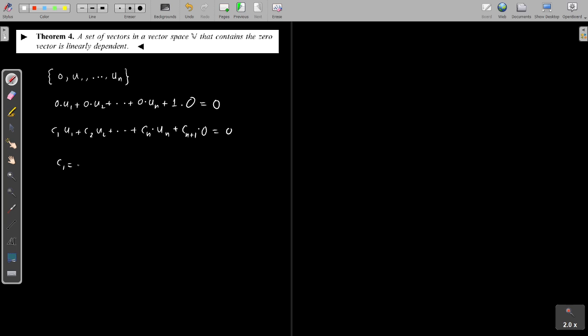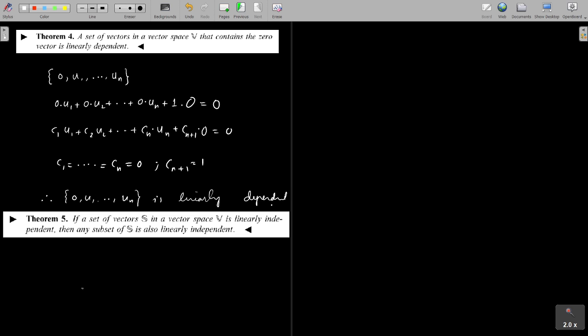That means a linear combination of these vectors is 0 with one of the coefficients non-zero. This shows that the set 0, u1, etcetera, un is linearly dependent.